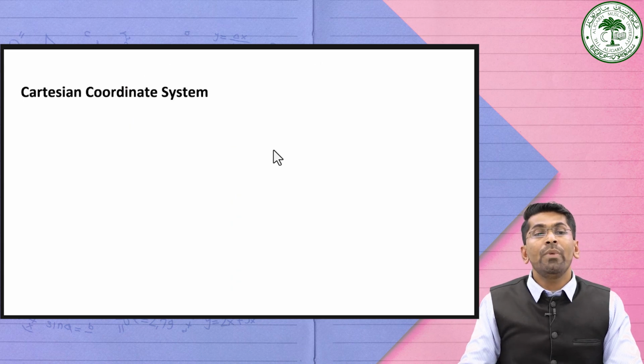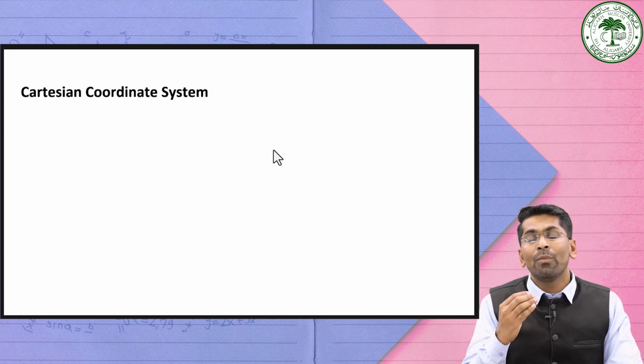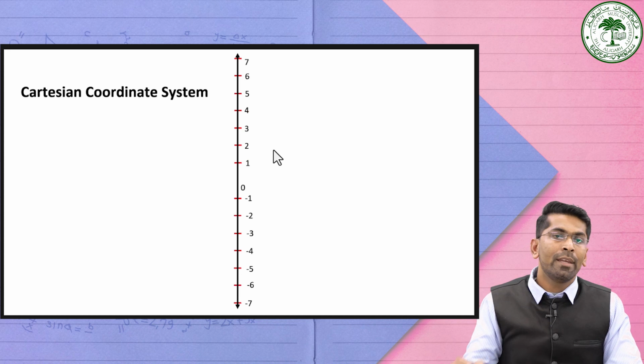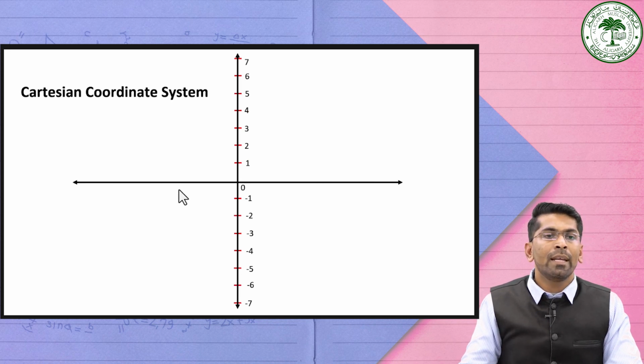Now suppose we combine these two number scales. This is the vertical number scale where 0 is showing the origin, and we have a horizontal number scale which is also positively and negatively marked, with a 0 origin.